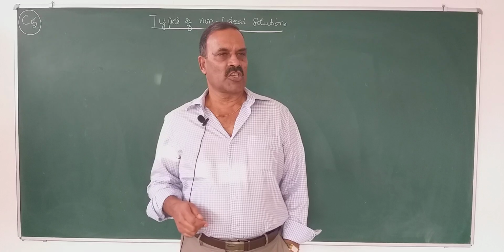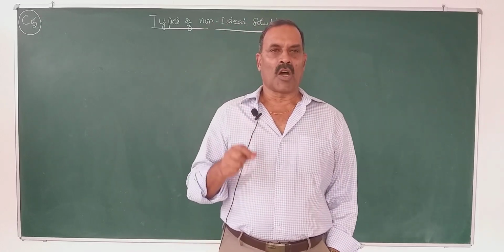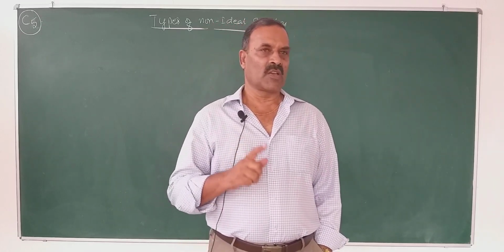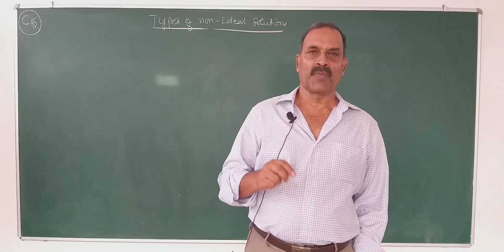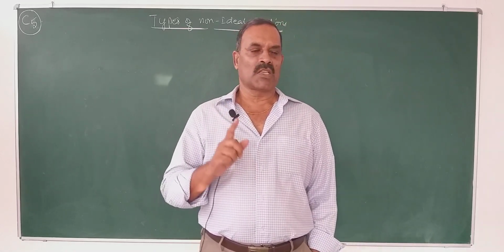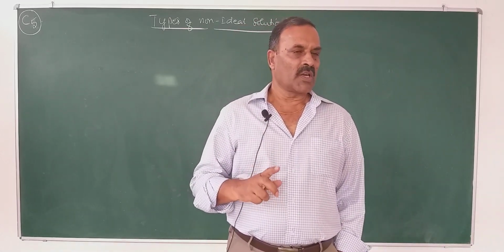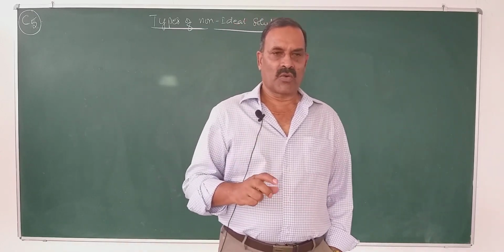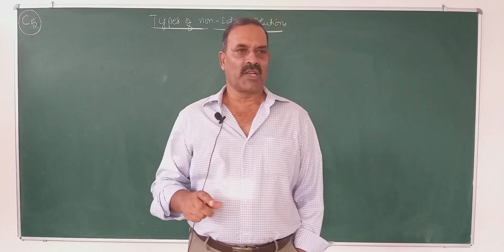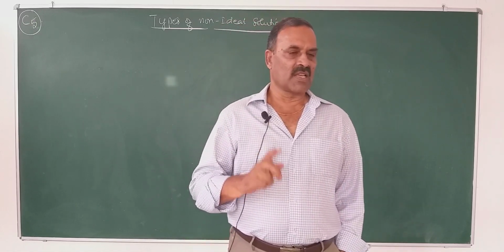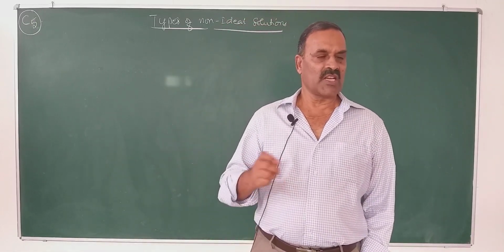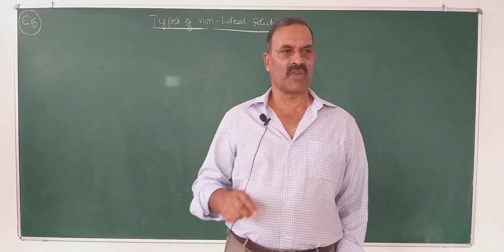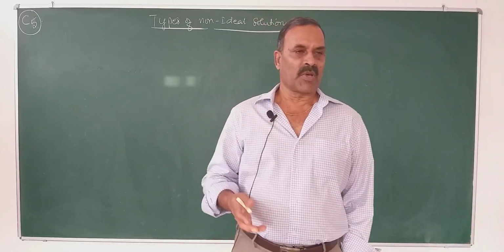Coming to the definition of Raoult's law of solution of volatile liquids, once again I will tell you: in a solution of volatile liquids, the partial pressure of each of the components in the vapor phase is directly proportional to its mole fraction in the solution phase at constant temperature.